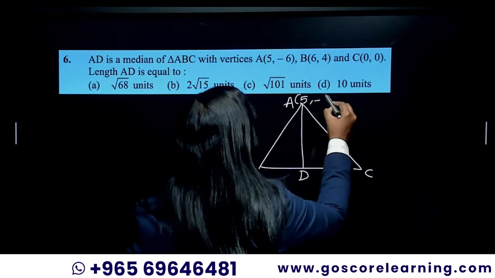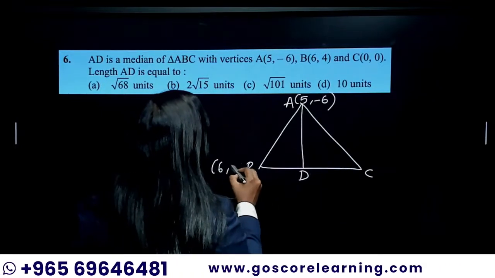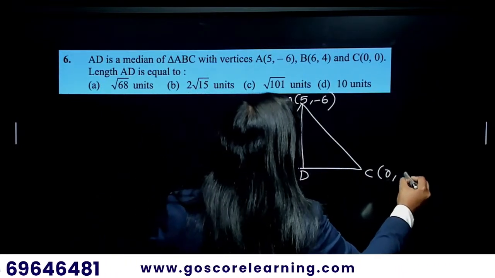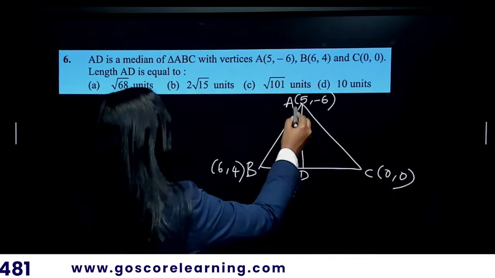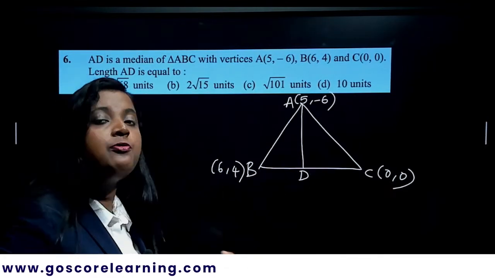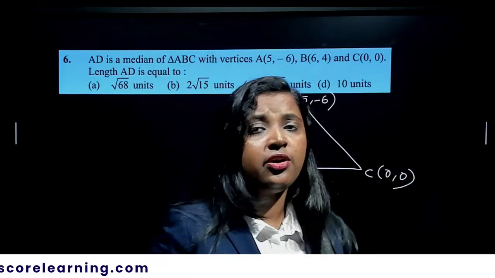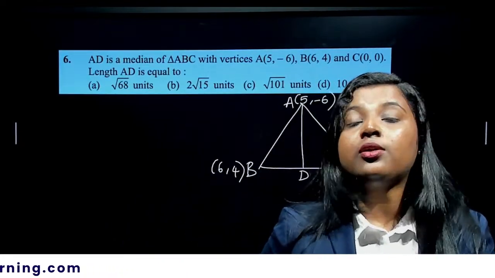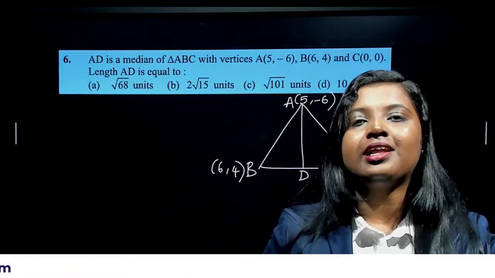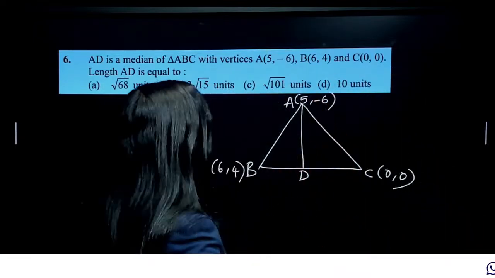A is (5, -6), B is (6, 4), and C is the origin (0, 0). Find the length of AD. How will you find the length? Distance formula for sure. But for that, you need the coordinates of D, right? So how will you find the coordinates of D?